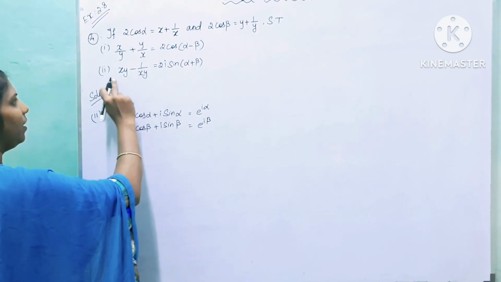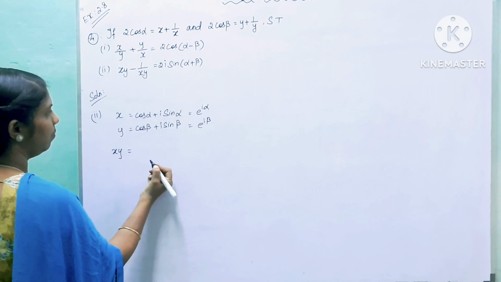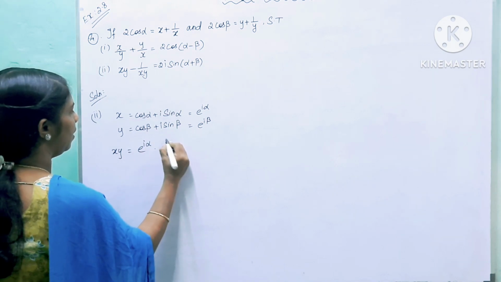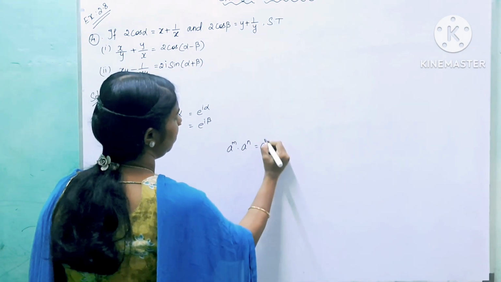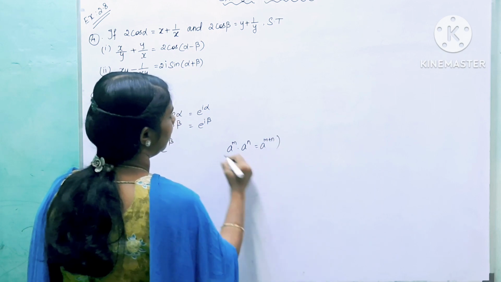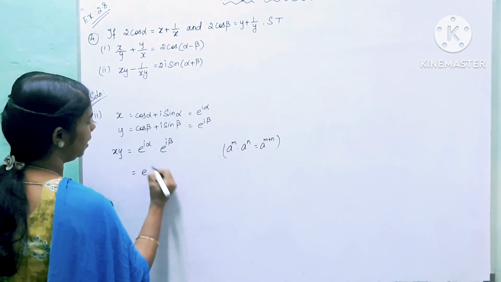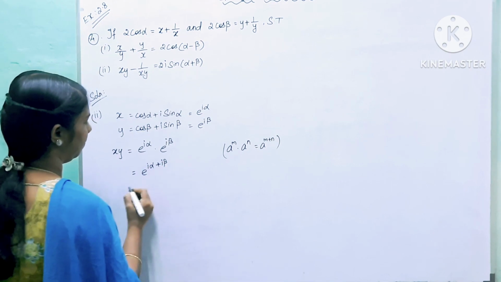In the second subdivision, we should find x into y. So x into y is equal to e power i alpha into e power i beta. How do we write a power m into a power n? a power m plus n. Similarly, e power i alpha into e power i beta we can write as e power i alpha plus i beta.